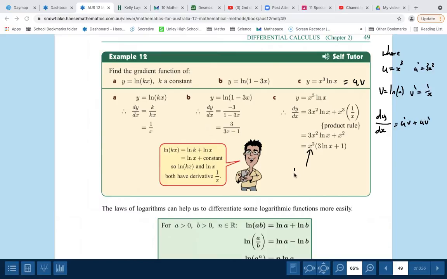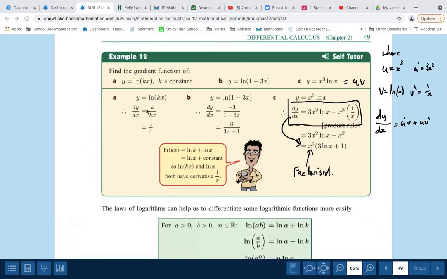So they've factorized. And if you were answering a question that just said find the derivative, you could actually leave it here, and that would get you 4 marks. However, if you were then going on to use that equation, I would certainly tidy it up into this form. It will be easier to work with and find when it equals 0 and things like that.